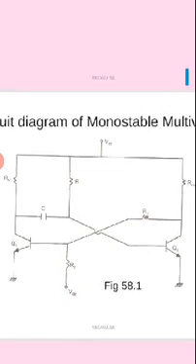And these two transistors have cross coupling from one to another.